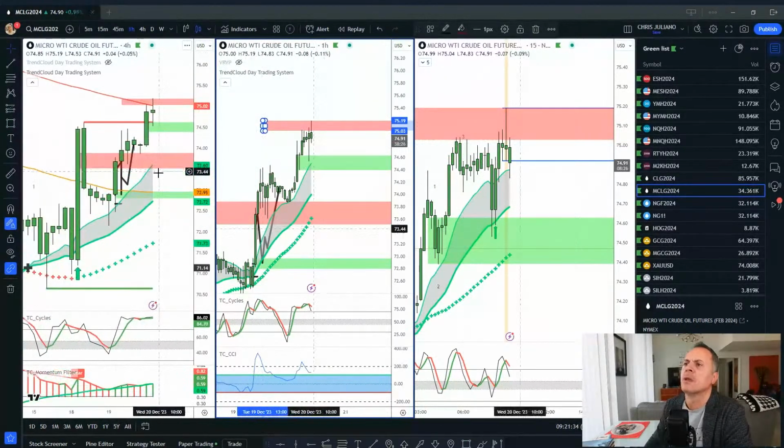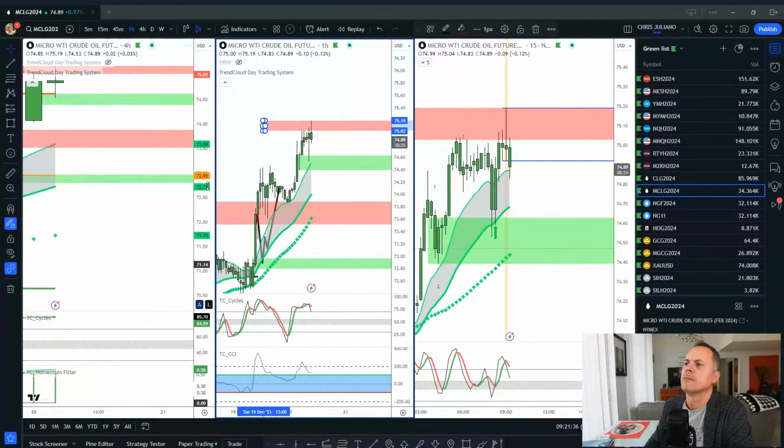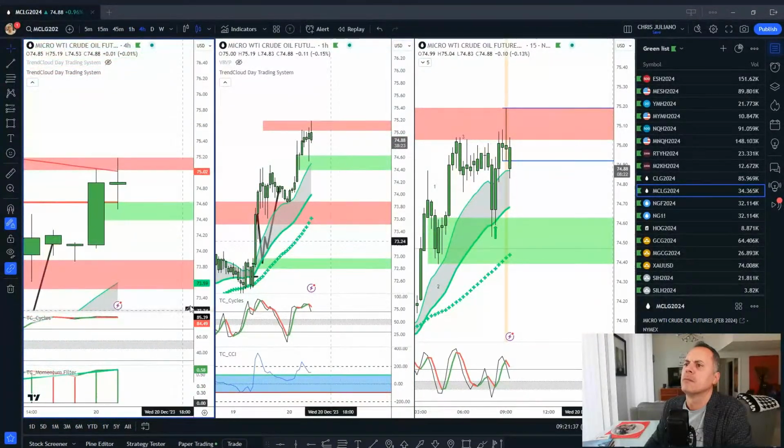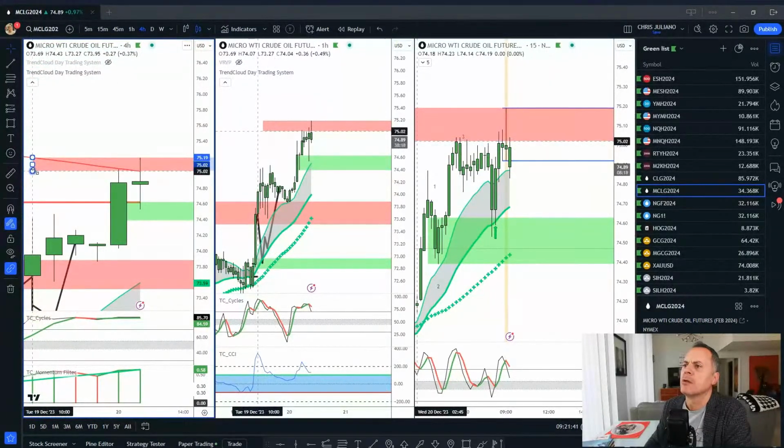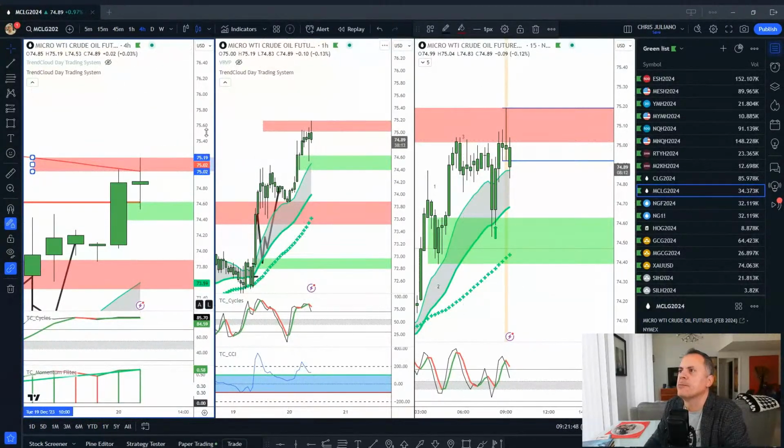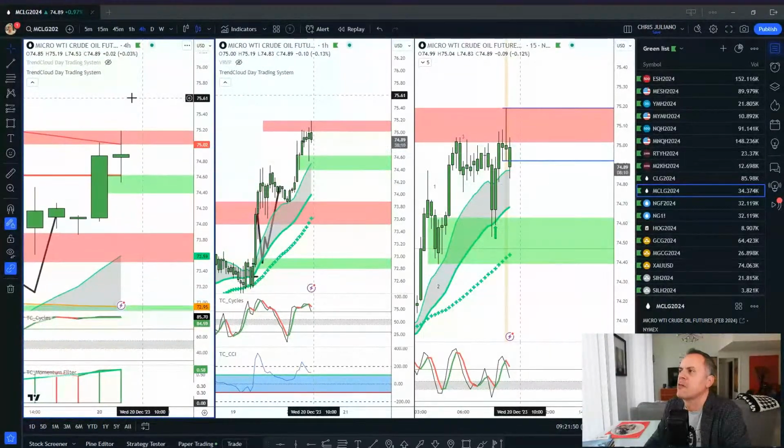There we go. See how I did that? I just took that simple moving average, the 200 right there, and I made the curve with that. Okay, so we've got the simple 200.